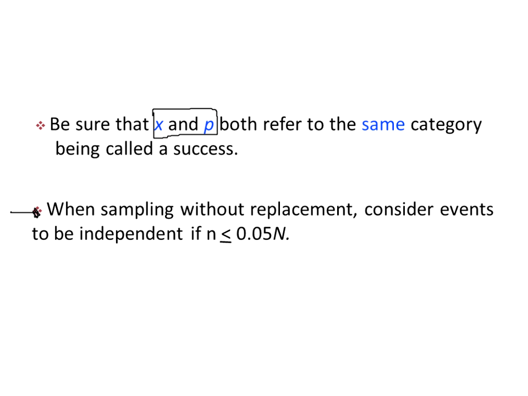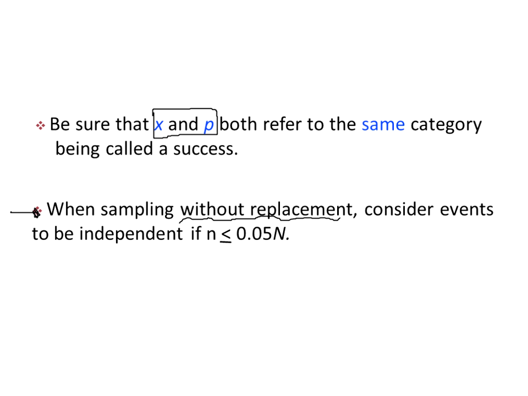So when sampling without replacement, you're going to consider events to be independent if your sample size is less than or equal to 5% of your population size. If it's less than or equal to 5% of your population size, it's okay if you're doing it without replacement.